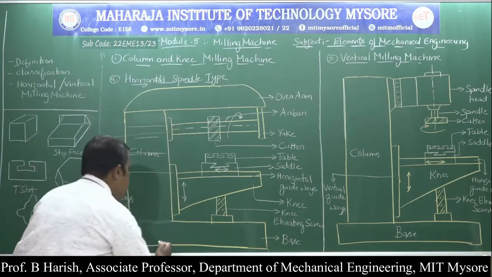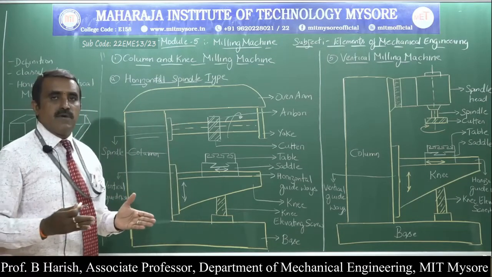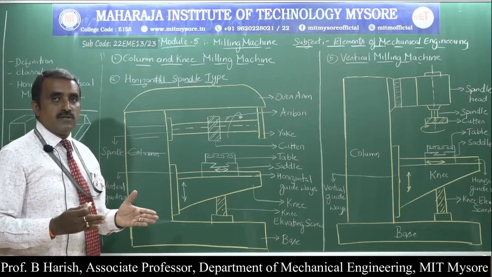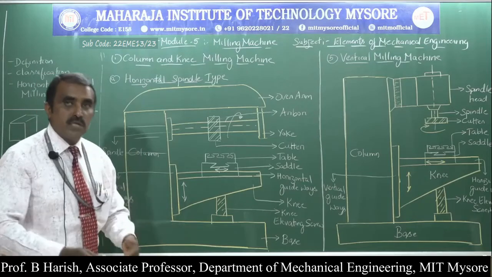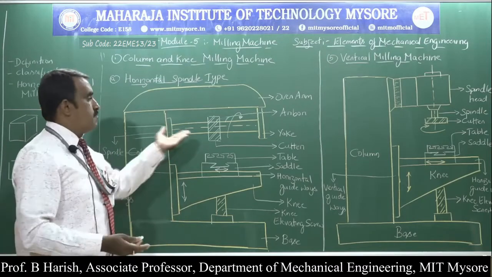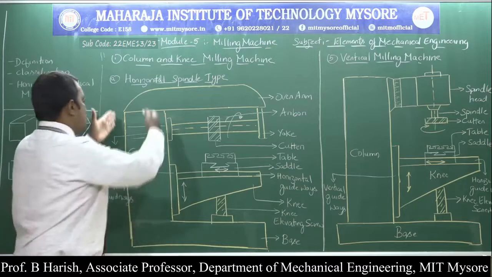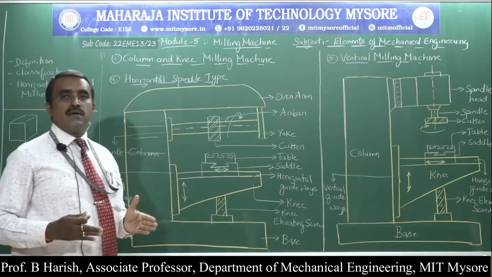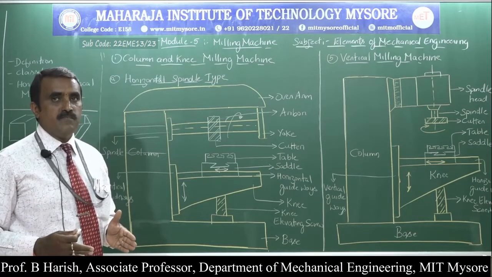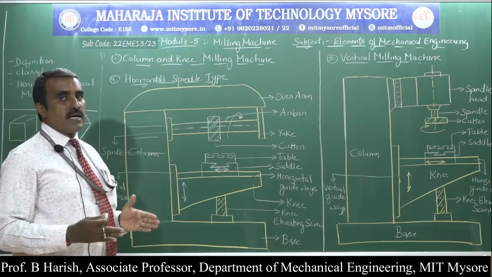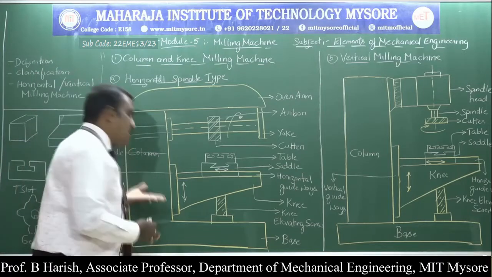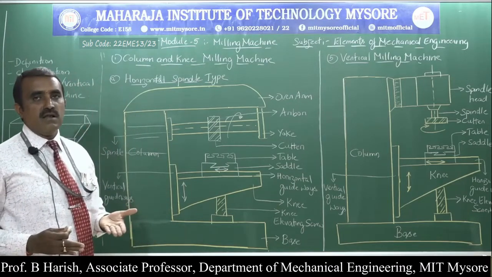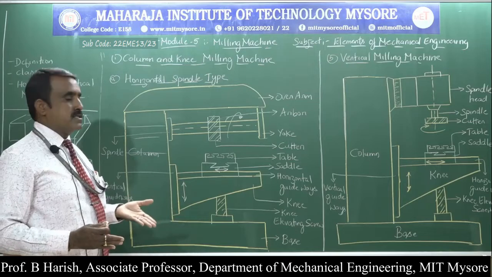So the column houses the entire driving mechanism, which gives the motion or rotation to the cutter in a milling machine. This vertical column is once again a casted part made up of cast iron. That is the second important part of a horizontal spindle milling machine.